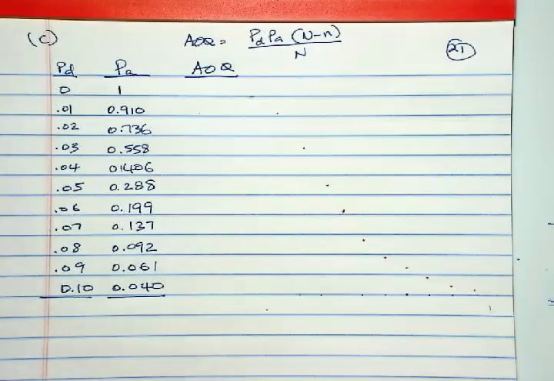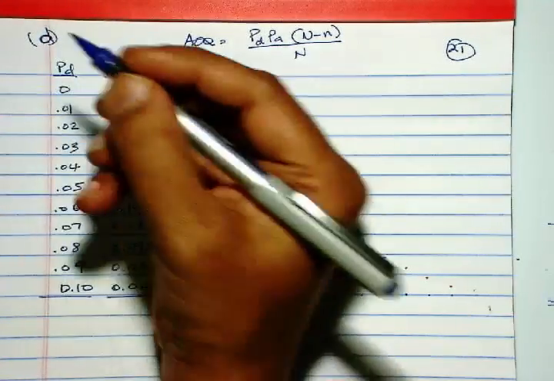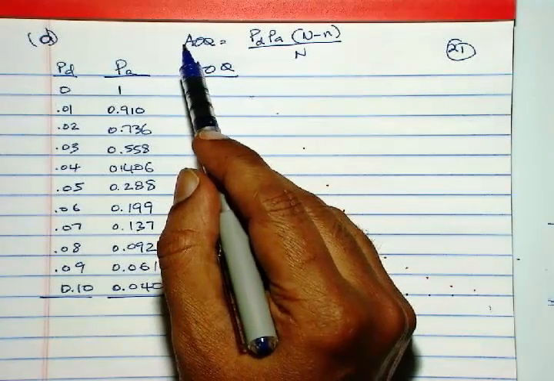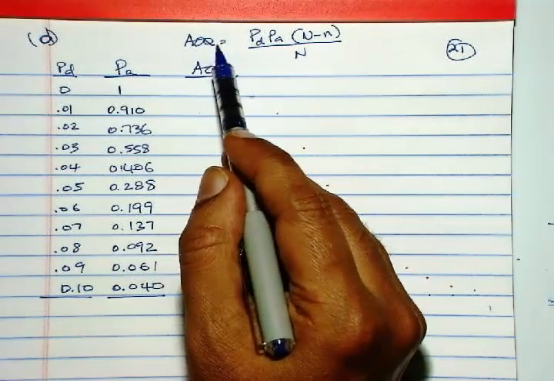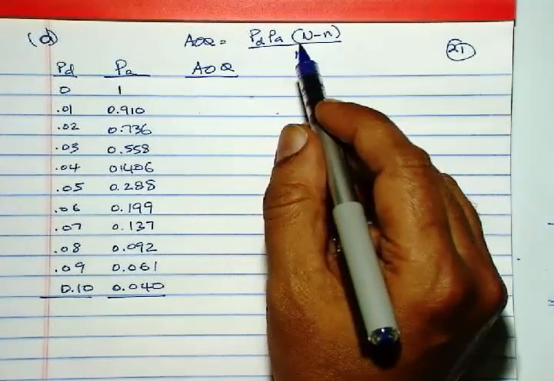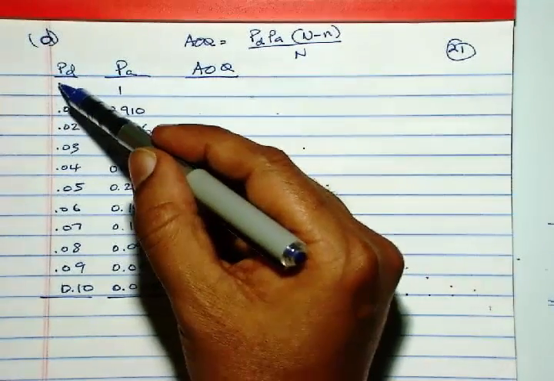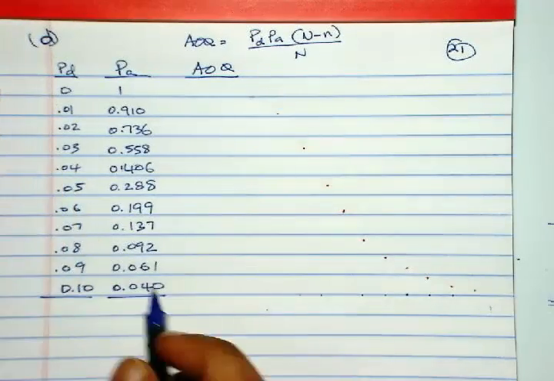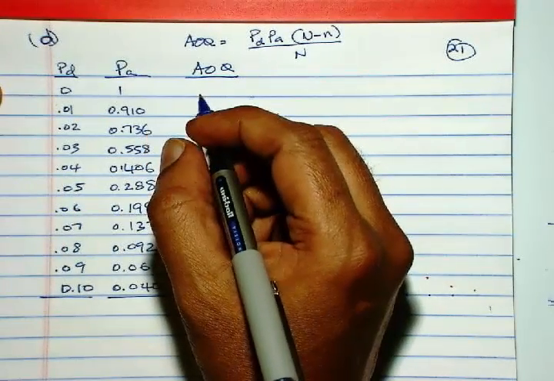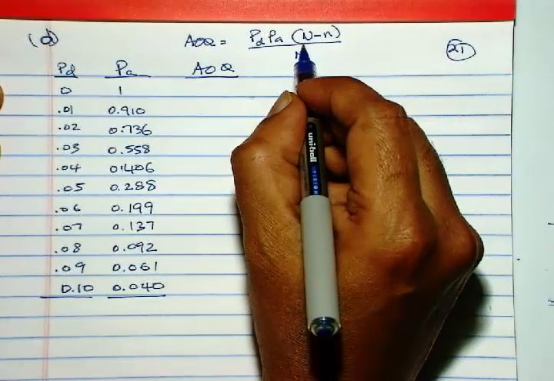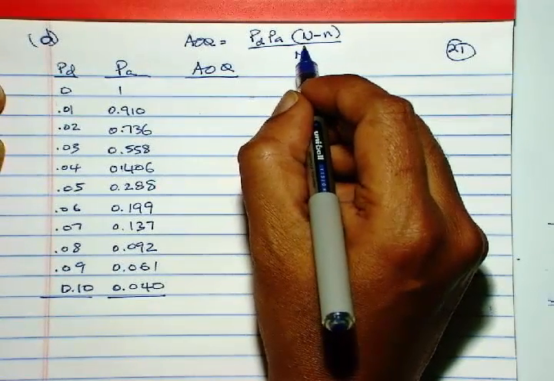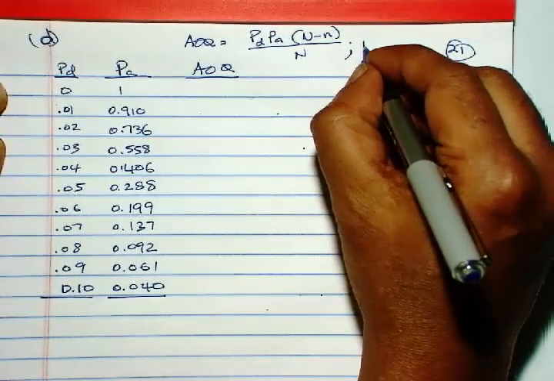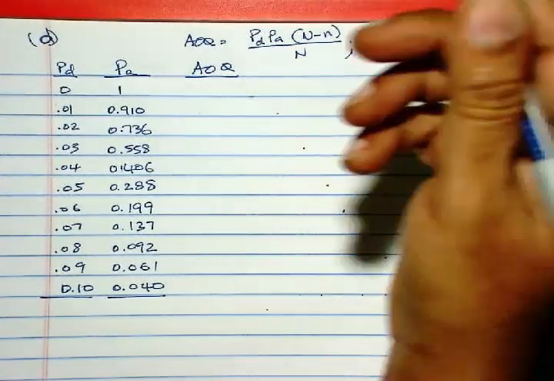Okay, now D, we need to compute average outgoing quality. This is the formula, and I've already written down the P sub d's and the P sub a's from the previous section. Now we have to apply this formula, and note here for us N is given as 500.